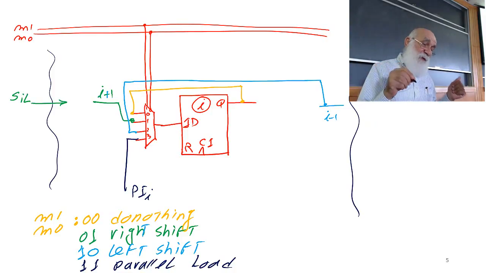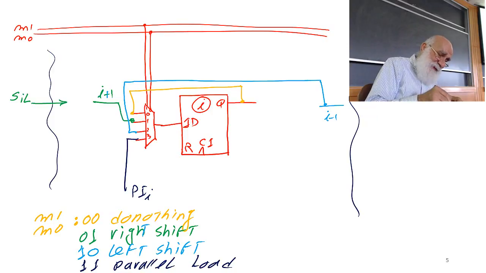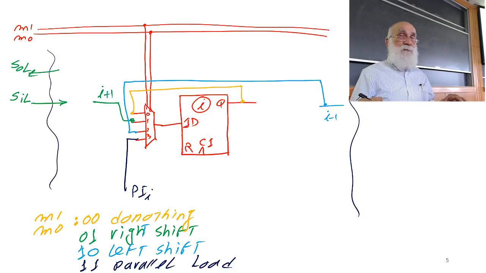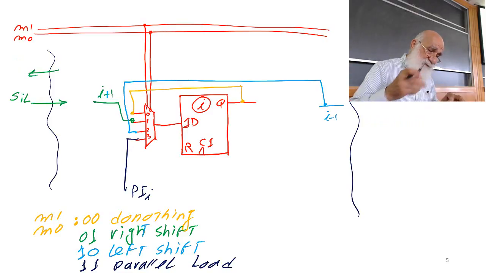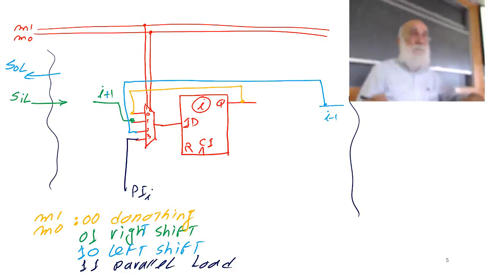My very leftmost flip-flop has an output which we can regard as serial out coming from the left. Actually serial out coming from the left is gotta be blue. Serial out coming from the left.